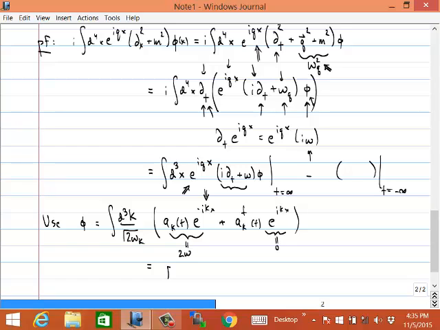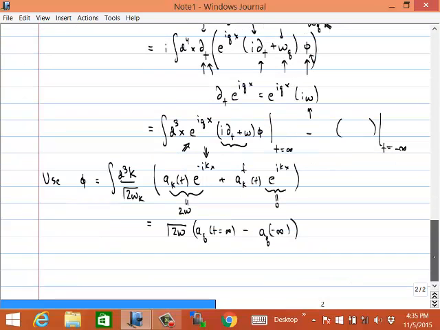So you get the square root of 2 omega times a_q, at t equals plus infinity coming from the first term, and then minus the same thing at t equals minus infinity from the second term. Okay, so this was just a sort of mathematical proof.